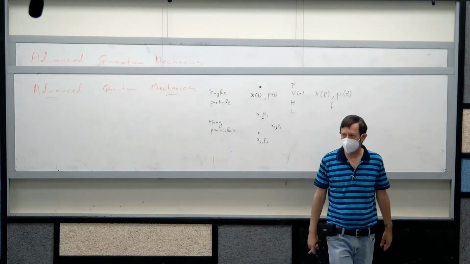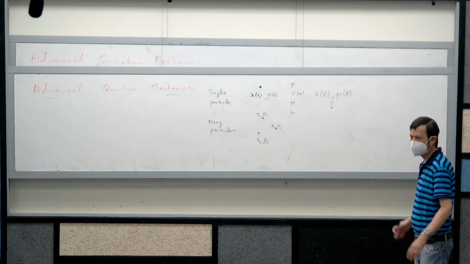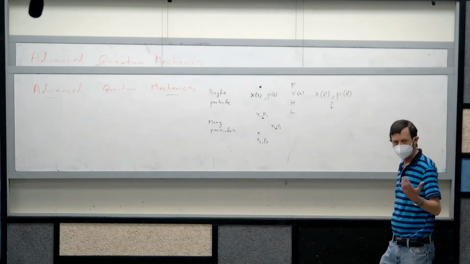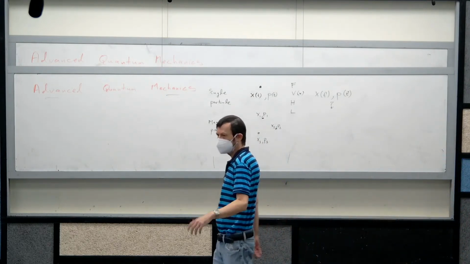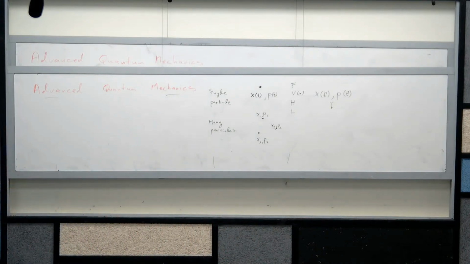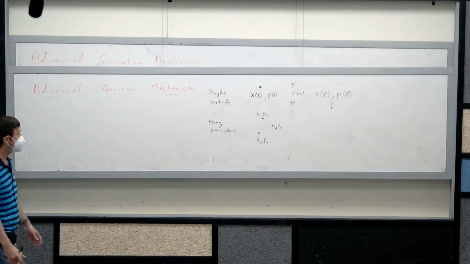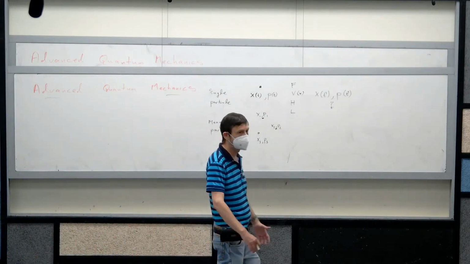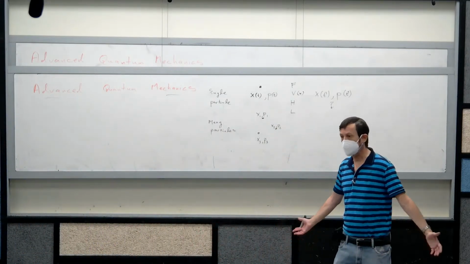I have n particles, I need the coordinates x1, x2, x3 till xn, p1, p2, p3 till pn, and at the end of the day, it's the same procedure.